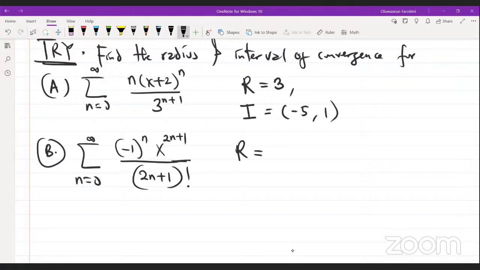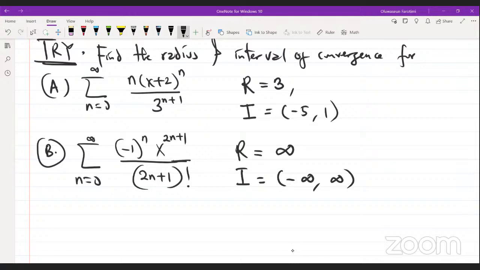My radius of convergence is 0. No, in this case, let me see. No, it's infinity. And then my interval of convergence is -infinity, infinity.